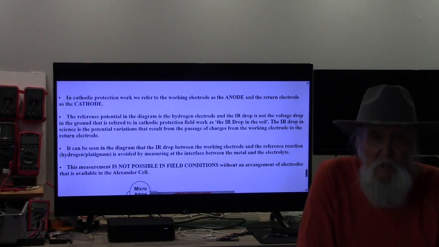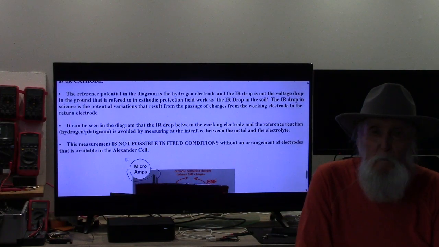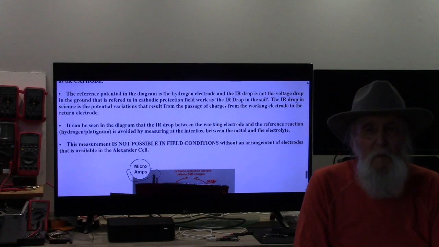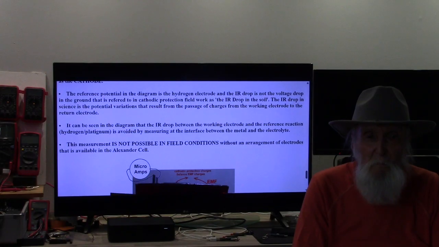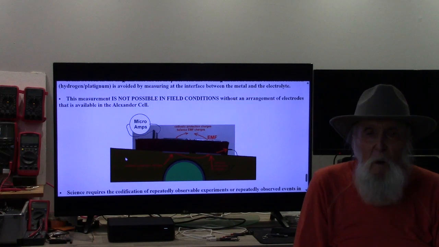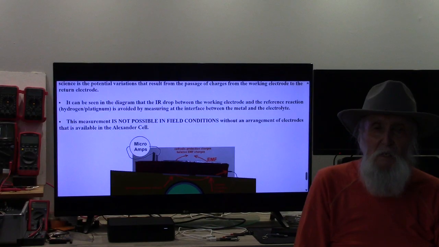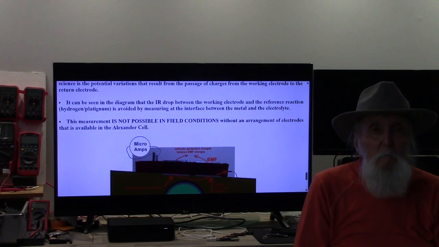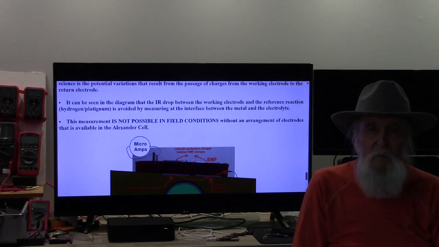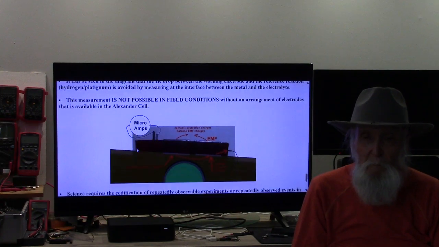The IR drop in science is the potential variations that result from the passage of charges from the working electrode to the return electrode. It can be seen in the diagram that the IR drop between the working electrode and the reference reaction, hydrogen platinum reaction, is avoided by measuring at the interface between the metal and the electrode.